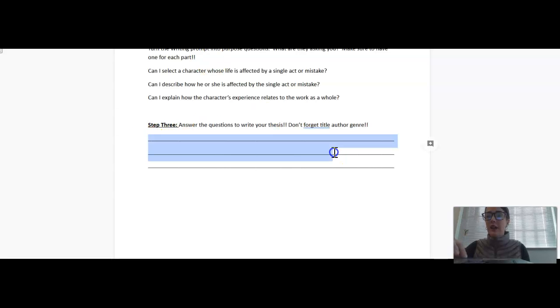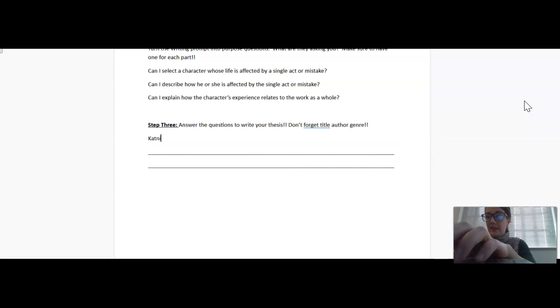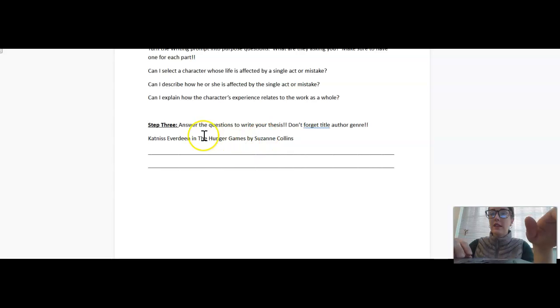So I'm going to start again with making sure that I name the title and the author. So Katniss Everdeen in The Hunger Games by Suzanne Collins. I'm going to underline this title of the book. Okay.